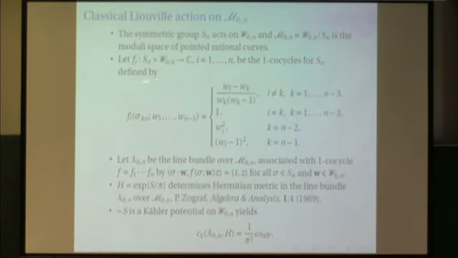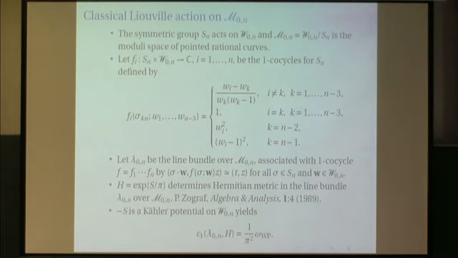Then it's very easy to see, and it's kind of nice, that's what was done by Zograf long ago, that you can consider the following one-cocycles for the symmetric group. For each i from 1 to n, each i corresponds to a puncture. You have the one-cocycle defined on these permutations, because the only non-trivial thing is when you permute infinity with one of the other marked points. Because if you permute points w1 and w2, nothing changes.